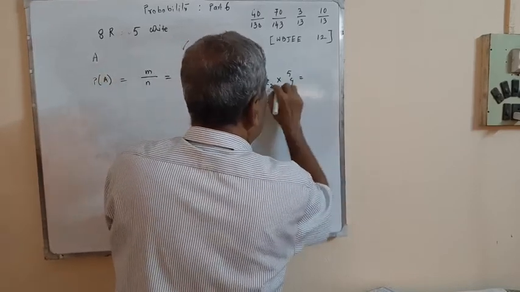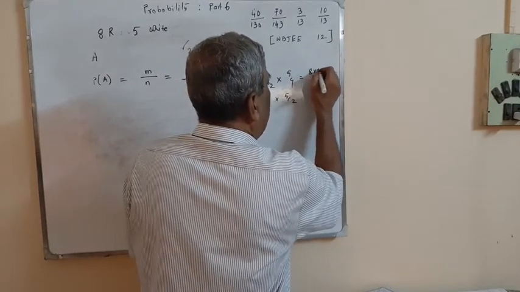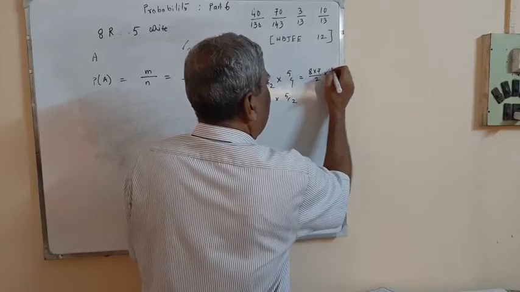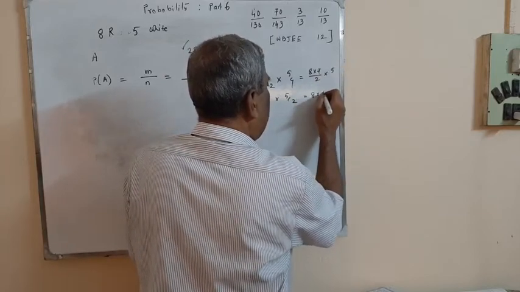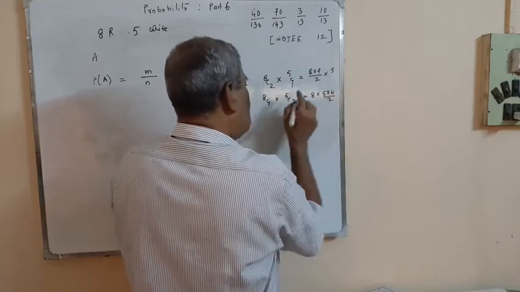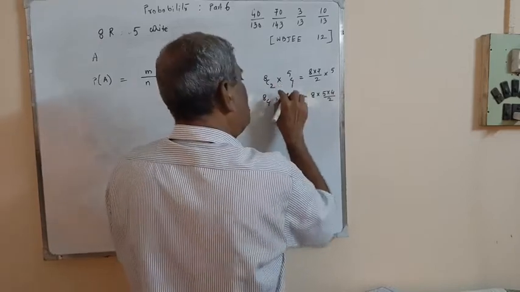This is equal to 8C2, means 8 into 7 by 2 multiplied by 5, and this is equal to 8 multiplied by 5 into 4 by 2. So M is either this or that.